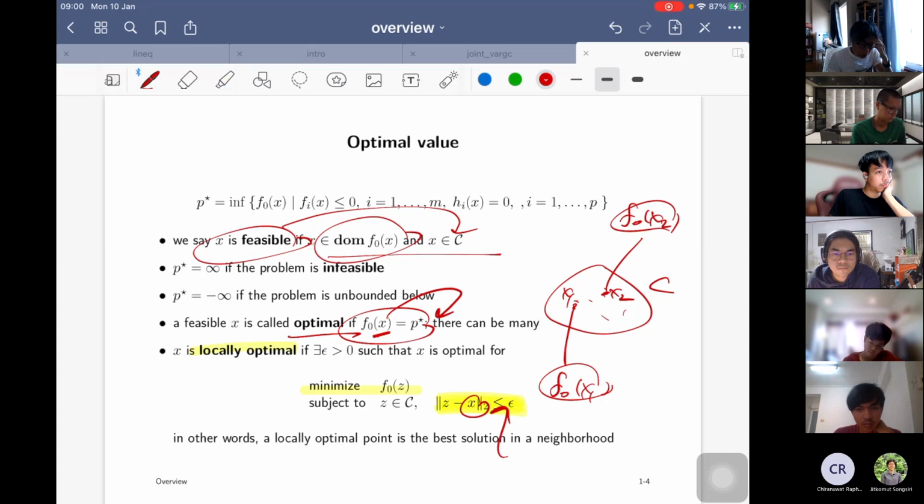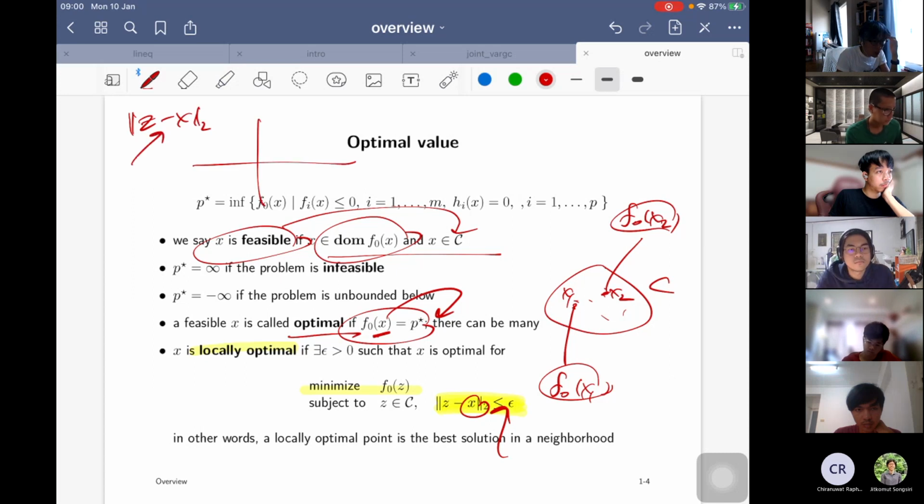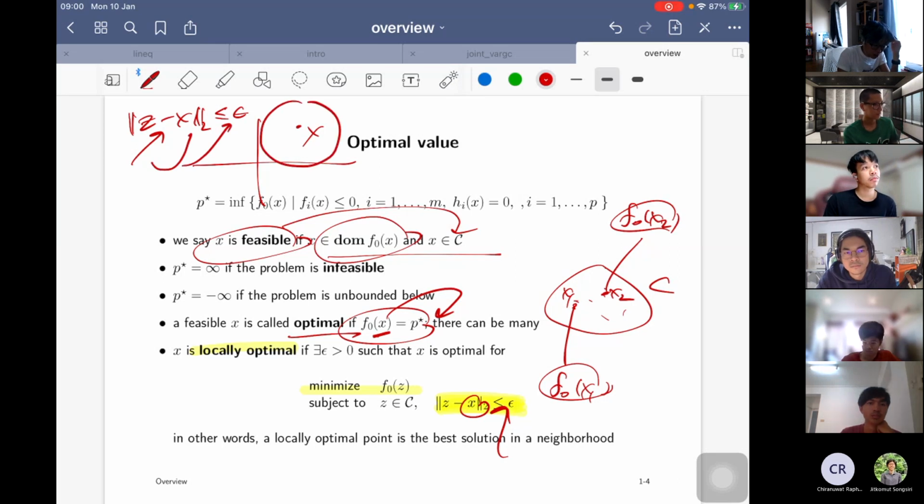How close is determined by epsilon. When you see this notation, this is the 2-norm, which gives you the distance between vector x and vector z. Suppose vector x is here. All the vectors z that lie close to x within radius epsilon are all the vectors inside the circle with radius epsilon. This is how it looks on the R2 plane.